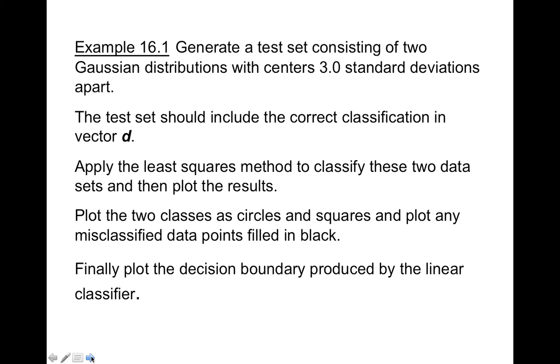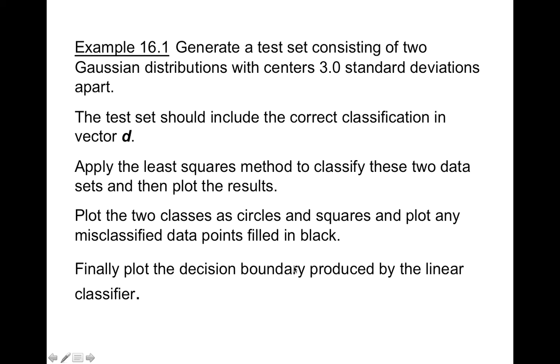So just an example, we can generate a test set consisting of two Gaussian distributions that have centers 3 standard deviations apart. The test set will include the correct classification vector D. We're going to apply the least squares method to classify these two data sets and then plot the results. The two classes will be plotted as circles and squares, and we'll plot any misclassified data points filled in black.